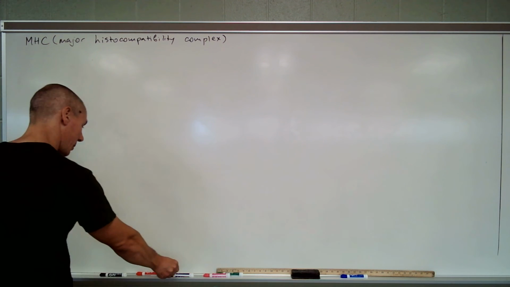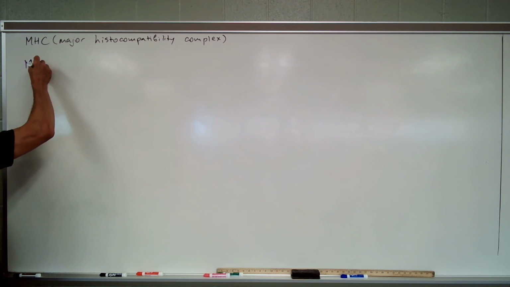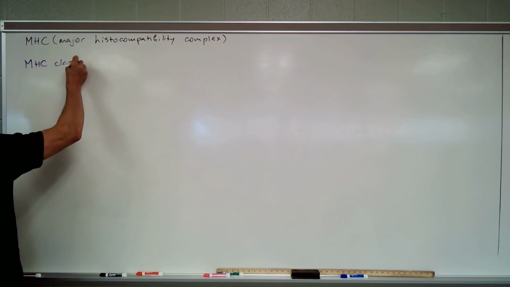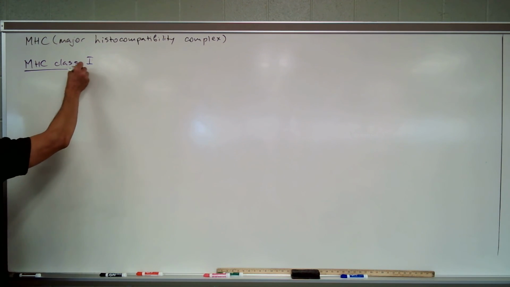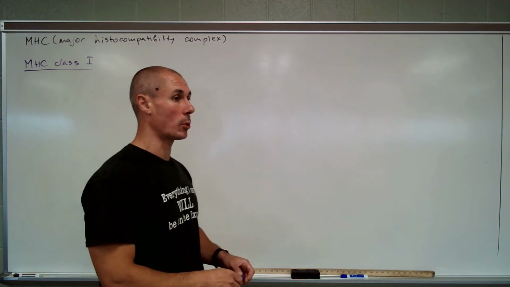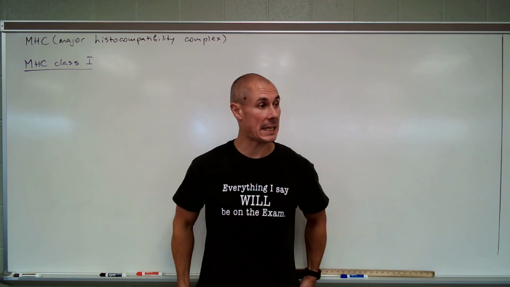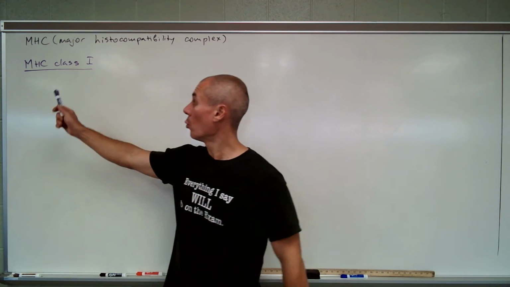So let's talk about MHC Class 1 first. First of all, what is MHC? MHC is the system of proteins that are located on the surface of these cells. Which cells?